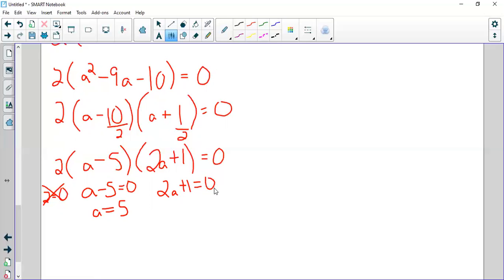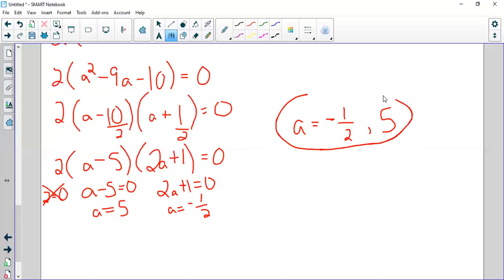Subtract 1 from both sides, and then divide by 2, and a would equal negative 1/2. So my final answer is a is equal to either negative 1/2 or 5. All right, that's how it works.